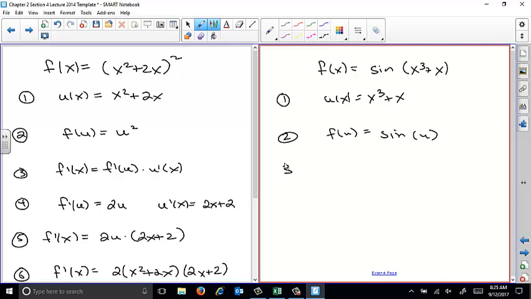Okay, step 3, I'll write that down. So this is the chain rule. Okay, so now I need to find f prime of u and u prime of x. So Lexi, what is the derivative of the sine of u?